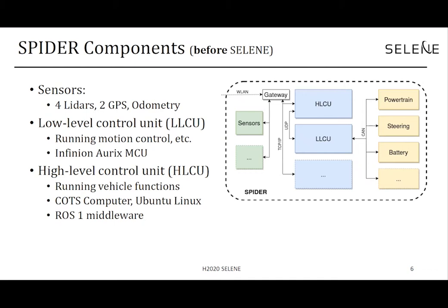On the one hand, the high-level control unit, which runs all vehicle functions on a normal COTS computer on Ubuntu Linux. Before this project, all vehicle functions were based on the ROS1 middleware. The second computing device right now is an Infineon AURIX MCU, which communicates with the actuators of the Spider, like the motion controls, the steering, and the battery.